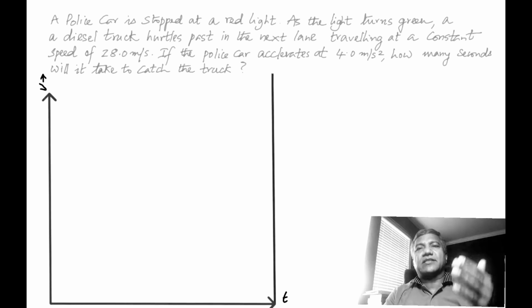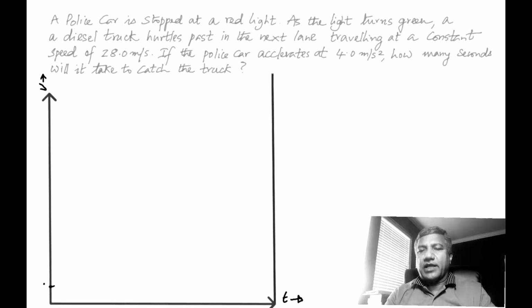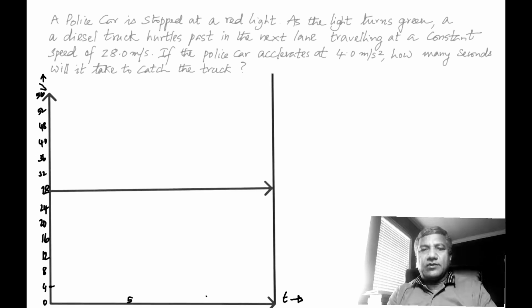Here time is on the x-axis and velocity is on the y-axis. And if we show both their motions on the same velocity time graph, you will see that the velocity time graph of the diesel truck is given by that line because it's a constant velocity.